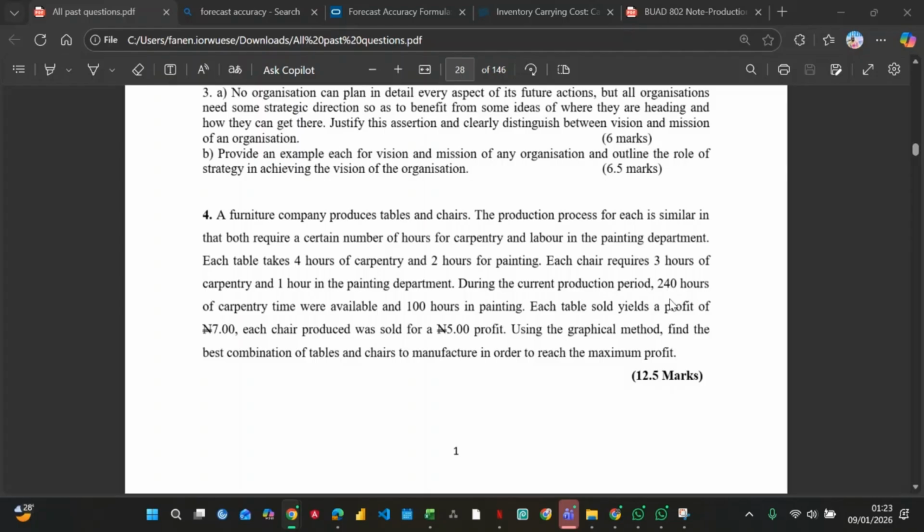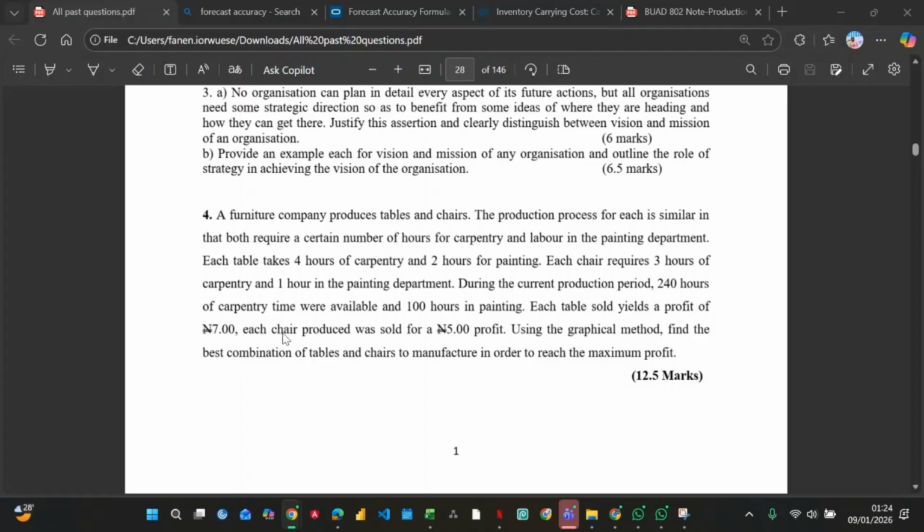Now during the production period, 240 hours of carpentry time were available. That is the limit. The available time for carpentry work is 240 hours, and about 100 hours in painting.